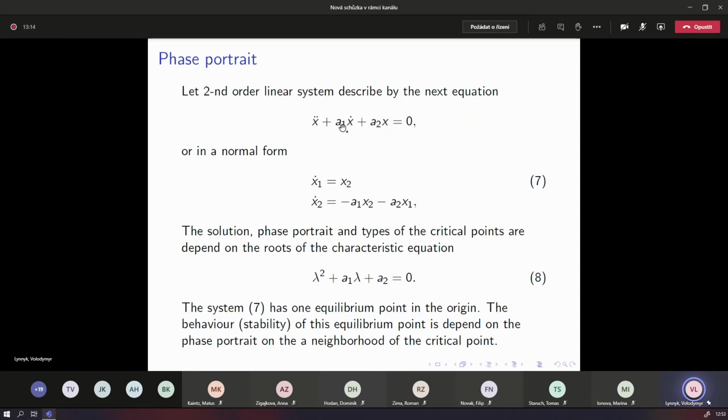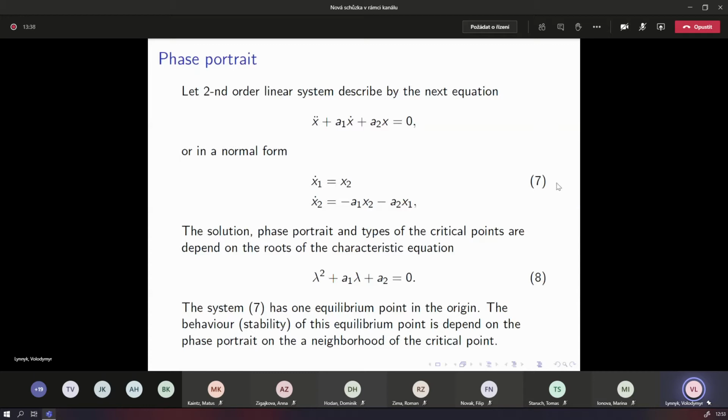x2 dot plus a1 x dot plus a2 x equal to 0, or in normal form x1 dot equal to x2 and x2 dot equal to minus a1 x2 minus a2 x1.